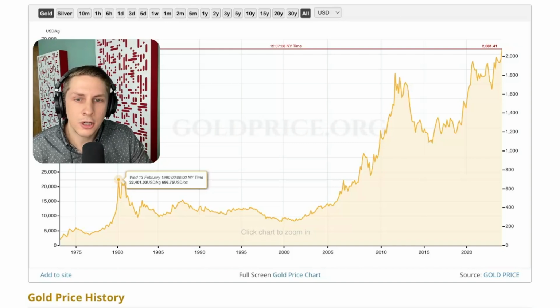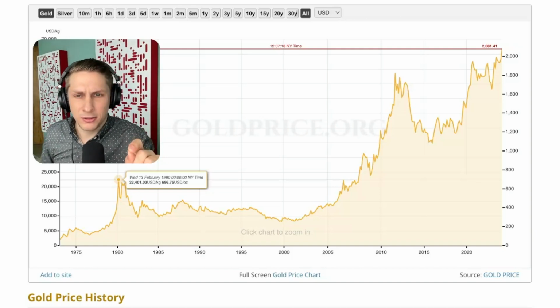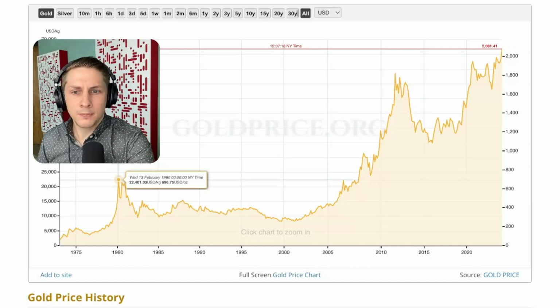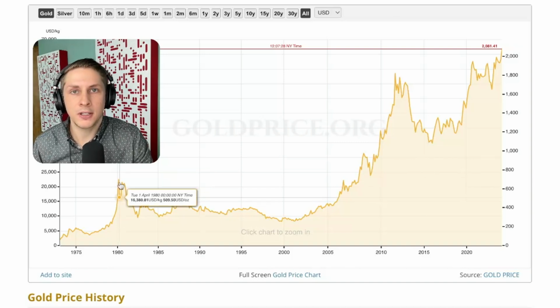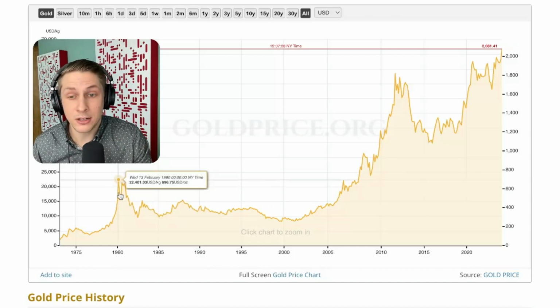According to a chart I'm looking at, the actual high in 1980 was $843. Now that might have been the daily close, because I think it hit 850 intraday. But anyway, the top of this chart only shows about $700 an ounce, so it actually got $150 an ounce higher than that, because this chart is only showing every 2 months.